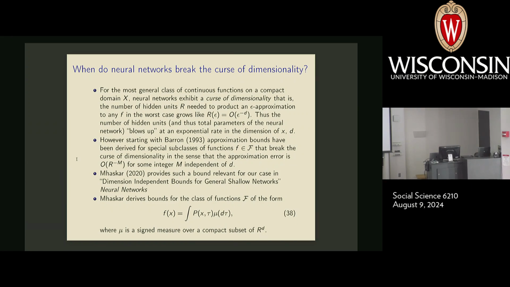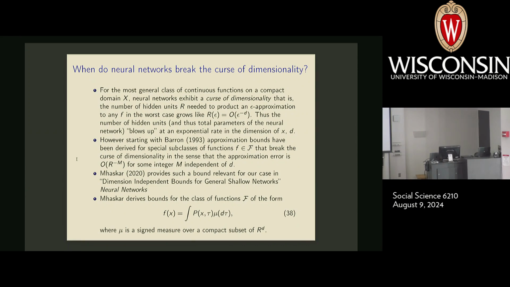Here's the thing: the universal approximation theorem doesn't break the curse of dimensionality. In other words, neural nets or deep neural nets don't automatically break the curse. If F is continuous, it could still be really ugly, with a lot of wiggles and oscillations.